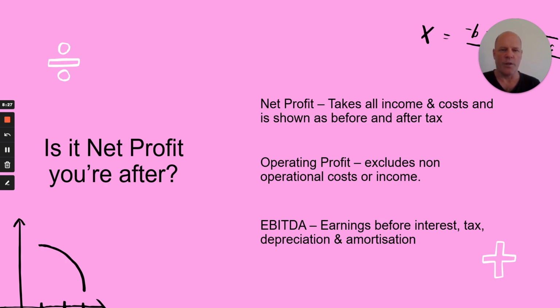However, if you do want to know what the difference is between these different ones I've got here, the net profit takes all of the income and the costs, including depreciation, interest and everything, into account and is shown before and after tax. Operating profit excludes anything that is non-operational costs or operational income. Interest, any other income that you don't normally show, a sale of assets, fixed assets, that sort of thing.